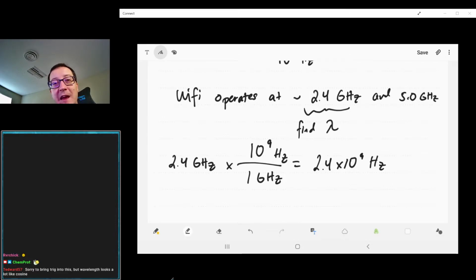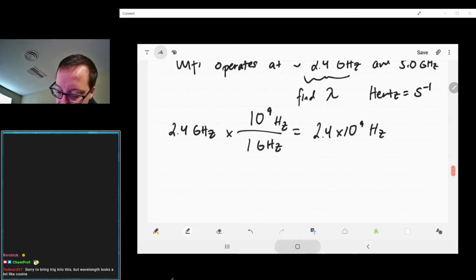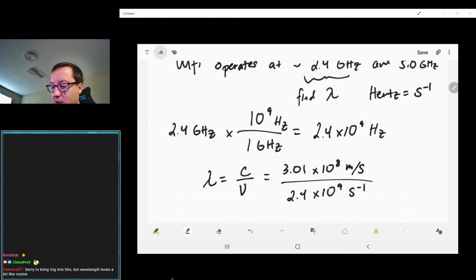All right, now that we have it, we can go ahead and use our formula. Remember, hertz is the same thing as inverse seconds. So we know that lambda is going to be c over frequency. So 3.01 times 10 to the 8th meters per second over 2.4 times 10 to the 9th per second.